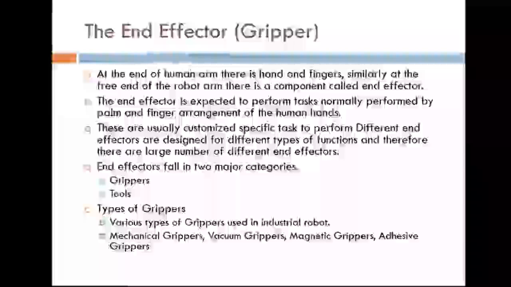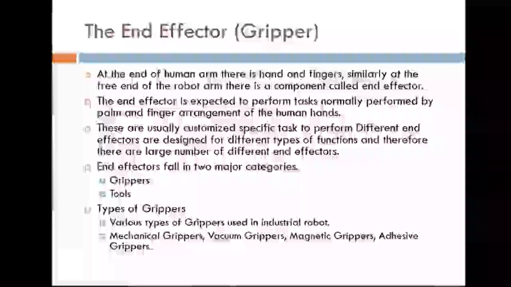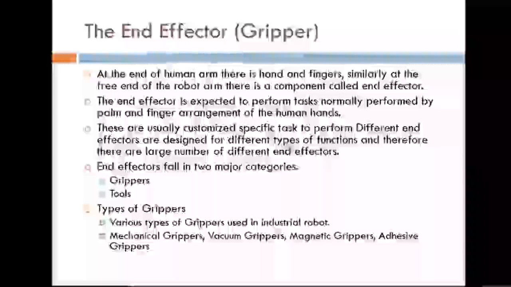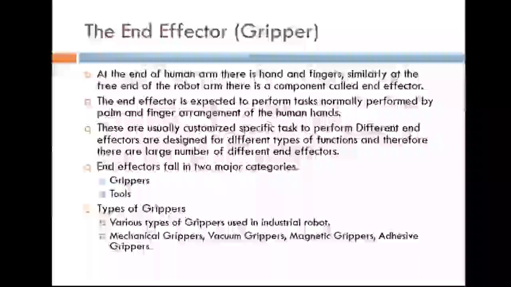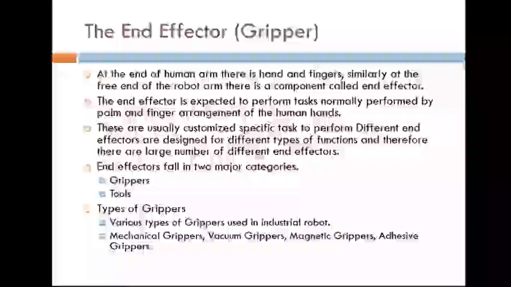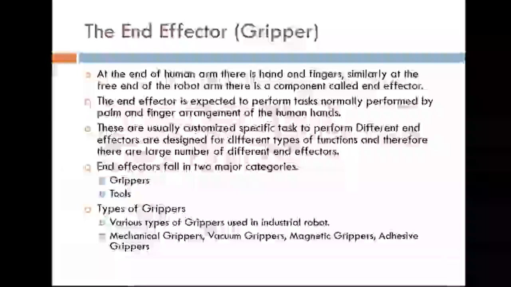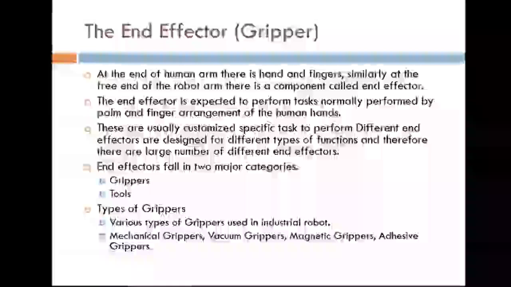These are usually customized for specific tasks; different end effectors are designed for different types of function. In the market, there are various types of end effector. Why? Because we need the robot to complete various tasks.